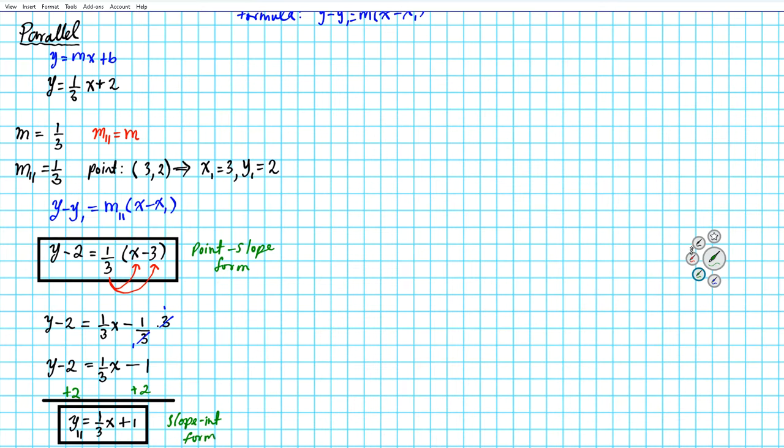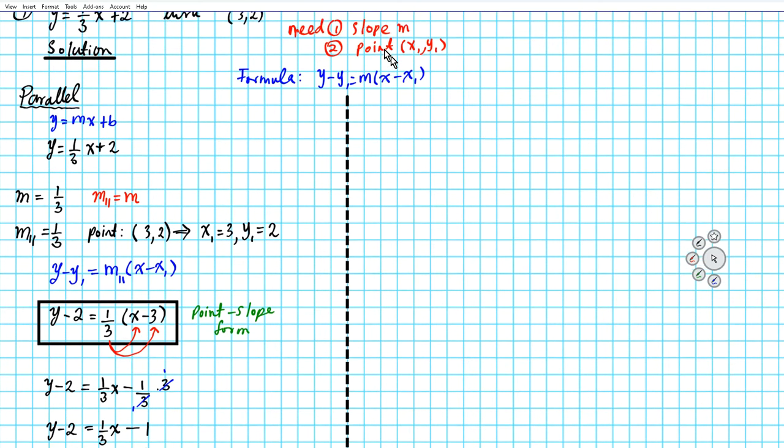Okay, now let's go ahead and take a look at the equation of a line that's perpendicular to the given line. The steps are exactly the same, but we're just using a different slope here. To start off, we need the slope of a perpendicular line. We'll start with the original, which is y equals 1/3 x plus 2.